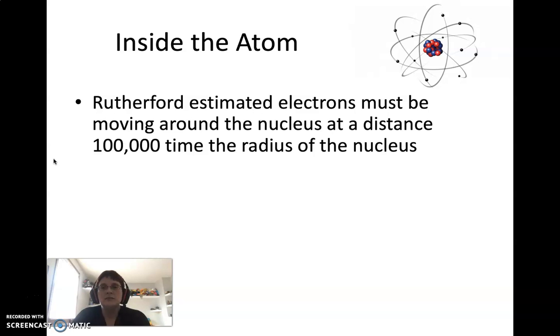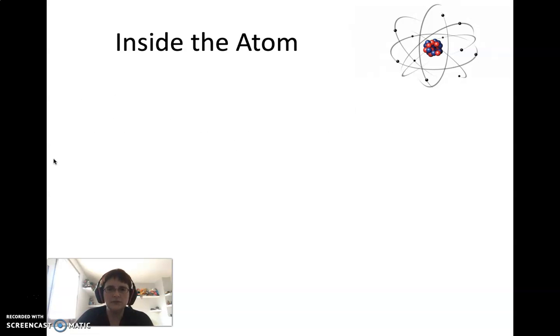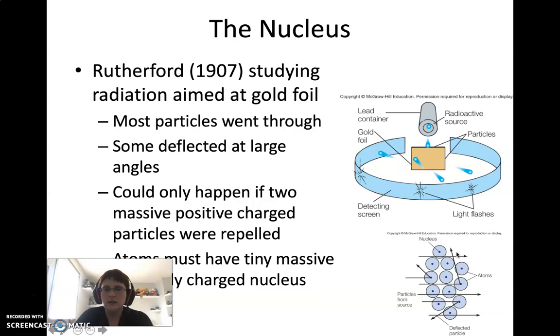This is just because of the deflections and the amount of times that he observed those radioactive materials going through the gold foil. In fact, if we go back, you can see here, this is the model that he constructed. He estimated there had to be a huge amount of space in between these nuclei in order for those particles from the radioactive source to be passing through most of the time.